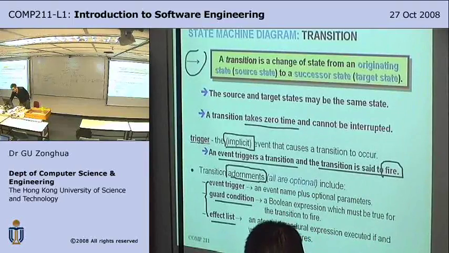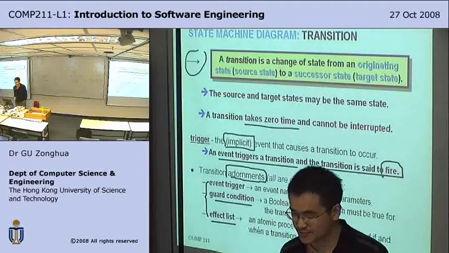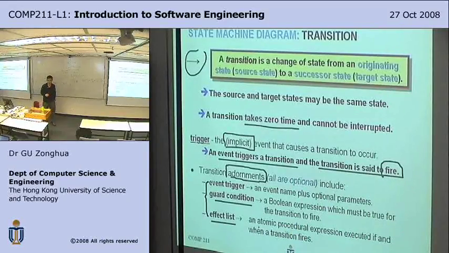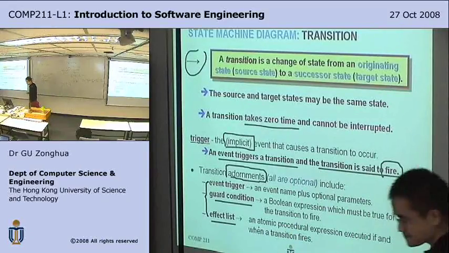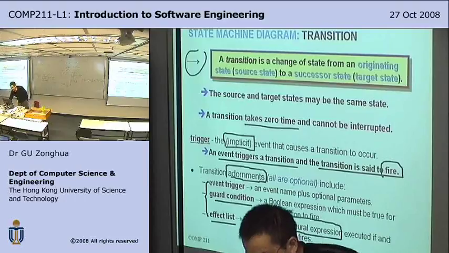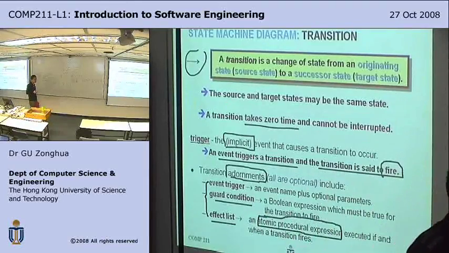The effect list is the atomic procedural expression executed if and when the transition fires. So notice the word atomic procedural expression. That is typically an invocation of the operations of an object.